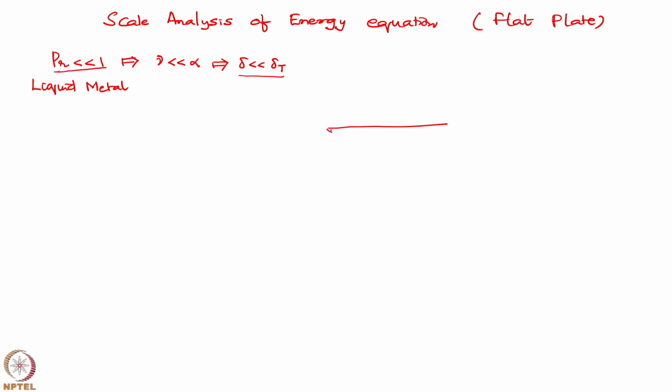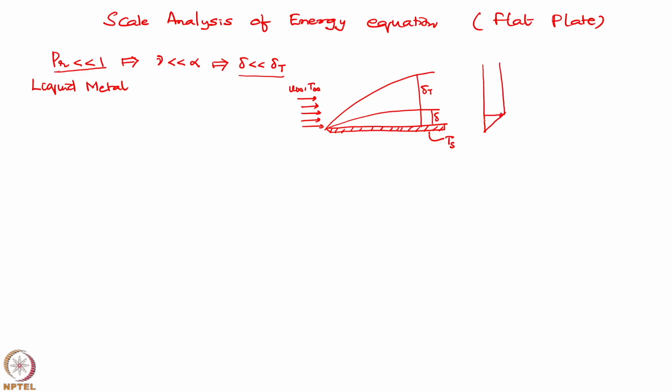So if I take a flat plate, on which the flow is taking place with a velocity of u infinity and T infinity, and this is the temperature Ts, which is maintained constant. So you have delta, this is delta, and delta T is greater than delta, this is delta T. Now that means the velocity profile is having variation only over delta.